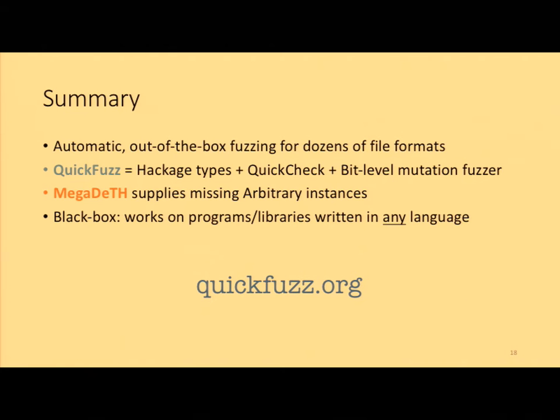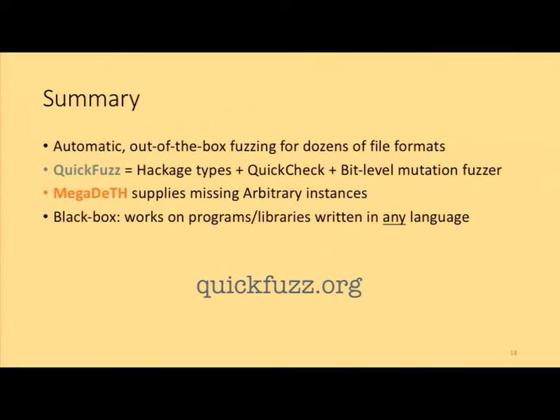So to sum up, we've introduced QuickFuzz. It's an automatic out-of-the-box fuzzer that supports lots of file formats. It's basically a combination of borrowing Hackage types and using QuickCheck and a bit-level mutation fuzzer.